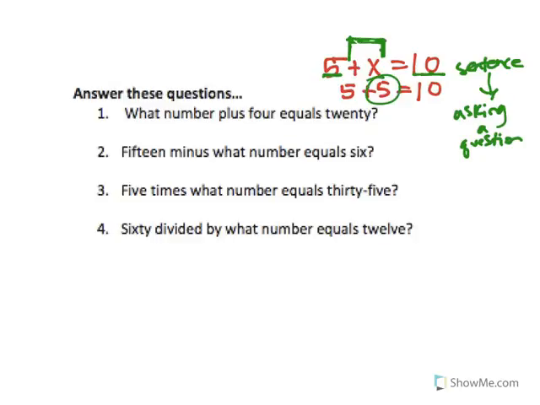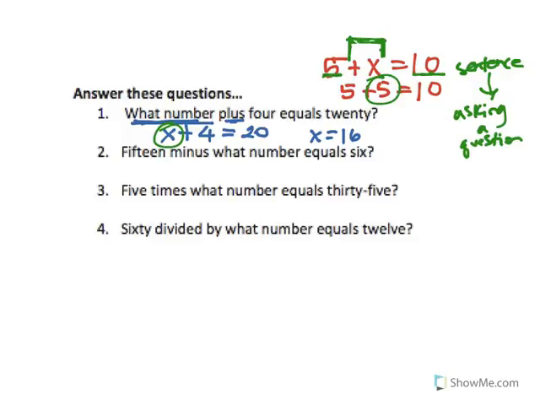So look at number 1. The what number is always going to be x in the equation. So it says what number plus 4, remember plus means addition. What number plus 4 equals 20? So what number here plus 4 gives me 20? Well, 16 plus 4 gives me 20, so x must equal 16.